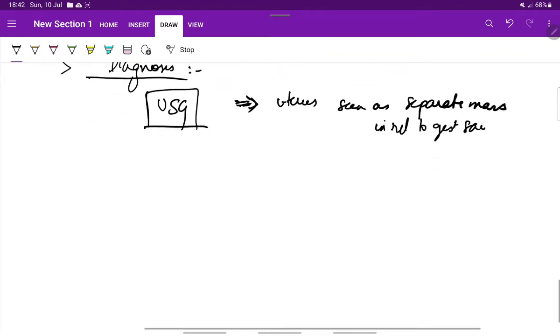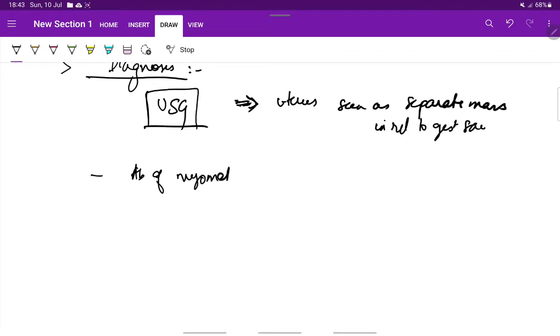Then there will be absence of myometrial tissue between the urinary bladder and the gestational sac.